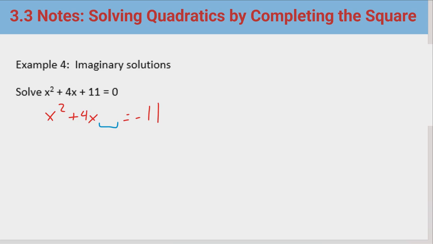So I could take this b value, 4, divide it by 2, and square it. So 4 divided by 2 is 2. 2 squared is 4. So I'm going to add a 4 to both sides.